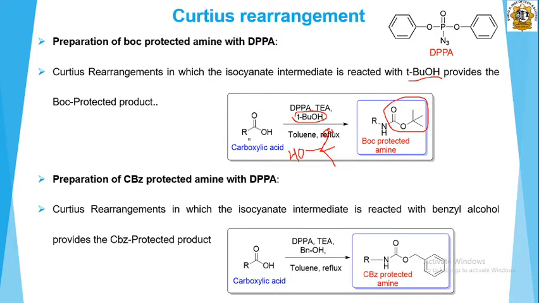In the same way you can make Cbz protected amines with DPPA. Instead of tertiary butanol, you have to use benzyl alcohol, sorry, benzyl alcohol, not benzyl bromide.